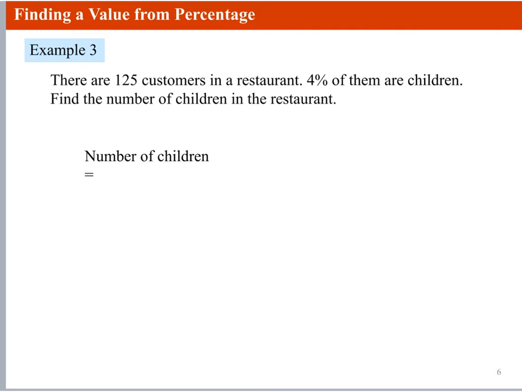Here is another example. There are 125 customers in the restaurant, and 4% of them are children. So we have to find the number of children in the restaurant. The number of children is 4% of the total number, which is 125 times 4%, the percentage of the children inside 125 customers.